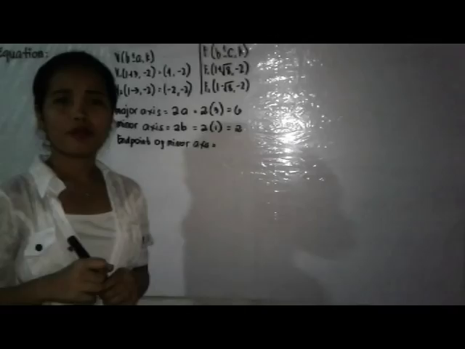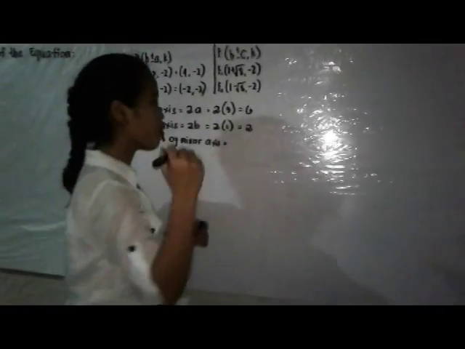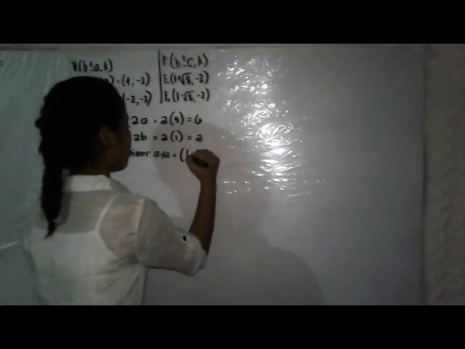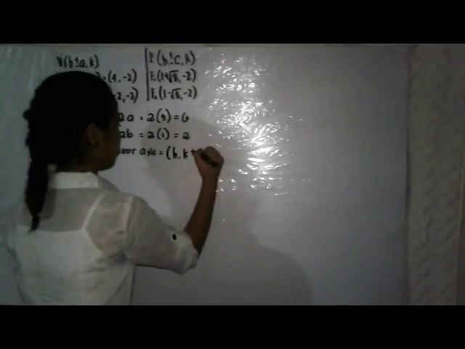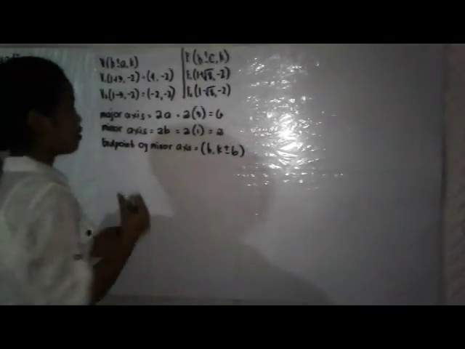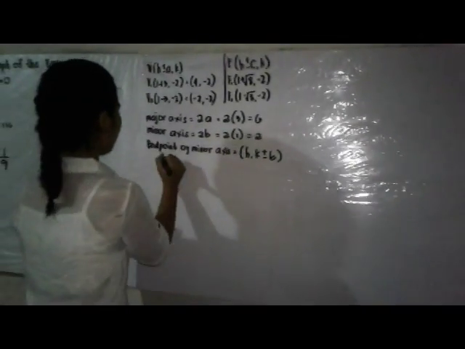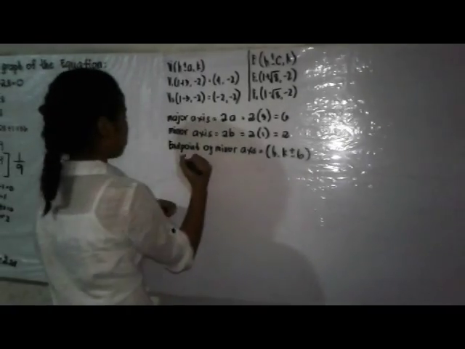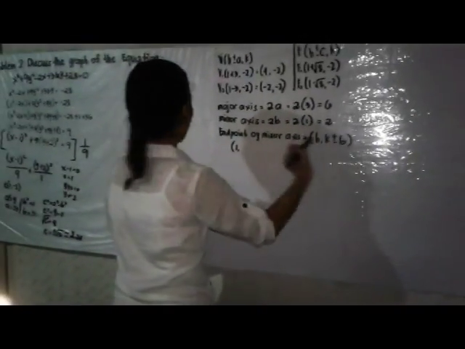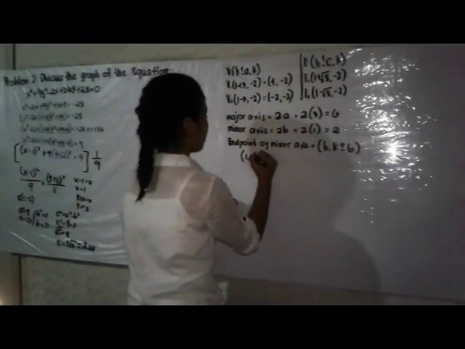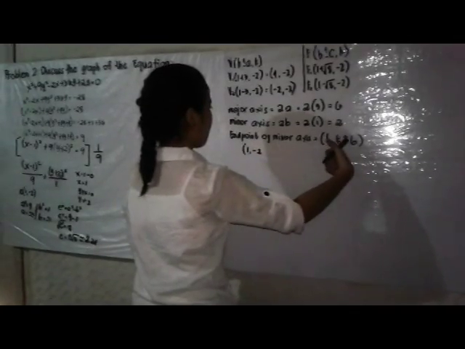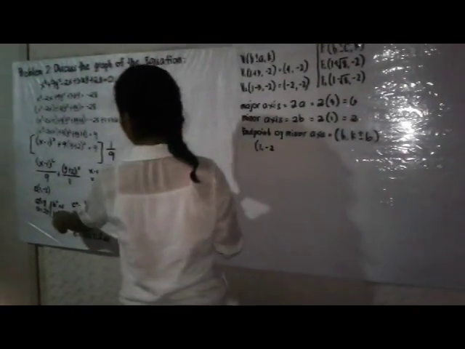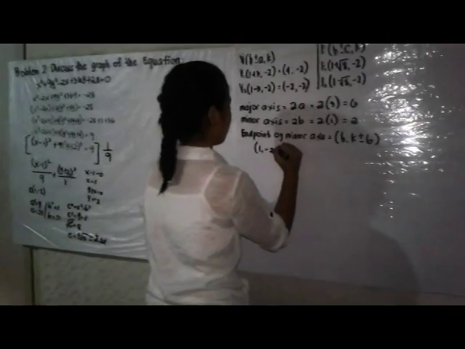Now, we have to find the endpoints of our minor axis. In finding the endpoints of the minor axis, we have to consider this: h, k plus and minus b. Substituting our first endpoint of the minor axis, our h is positive 1, then our k is negative 2, then positive b, so we have positive 1.